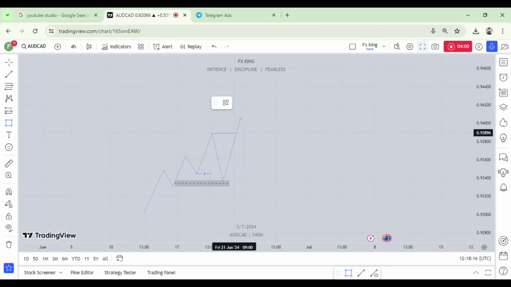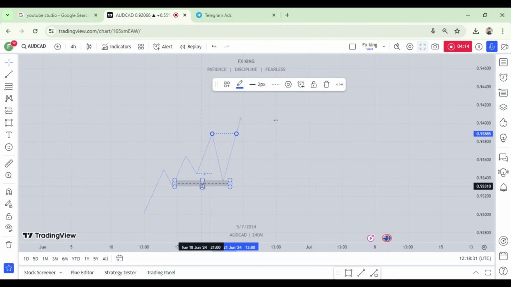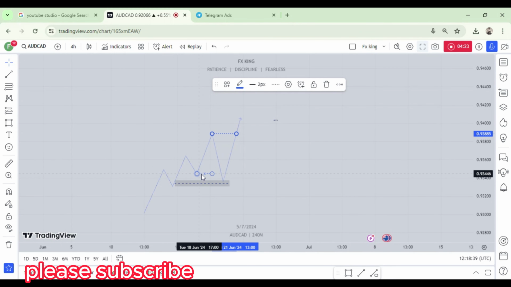So how can we avoid this? We make sure that first of all, we know the concepts of inducement, like earlier stated here. You know the concept of inducement and you know how to identify a valid pullback, because if you choose an inducement from an invalid pullback, that will not be a valid inducement.